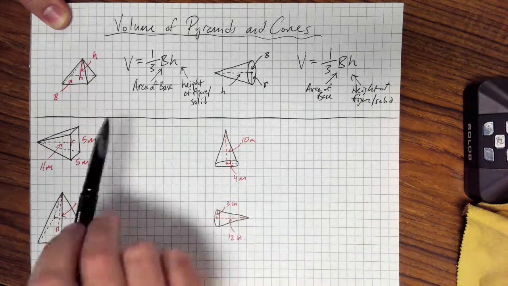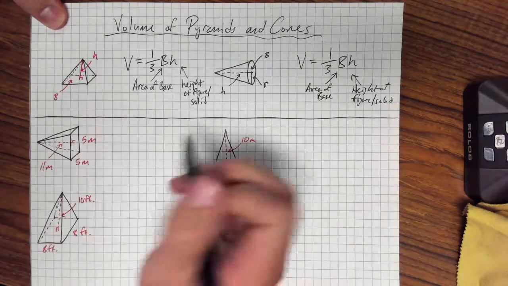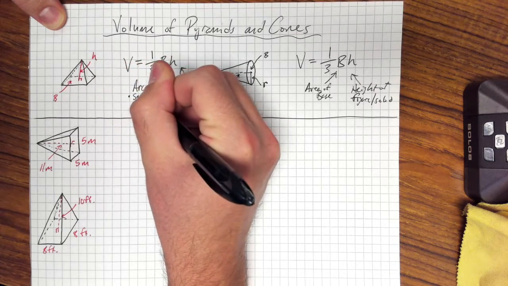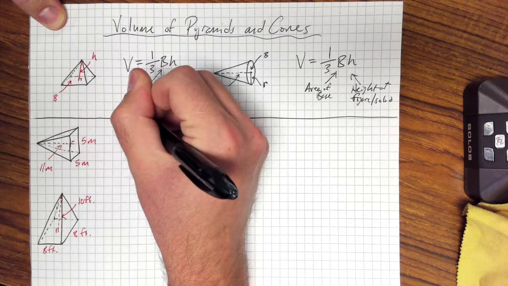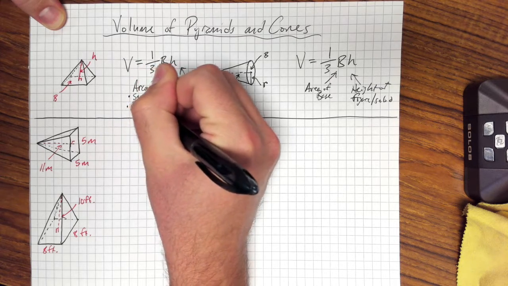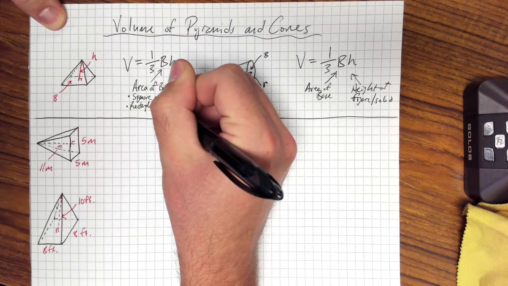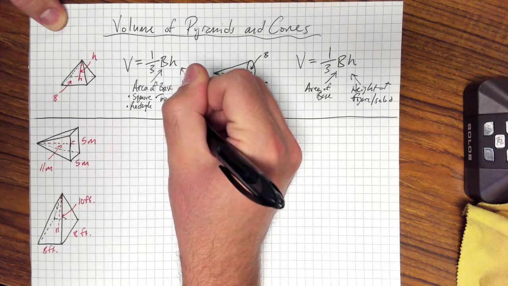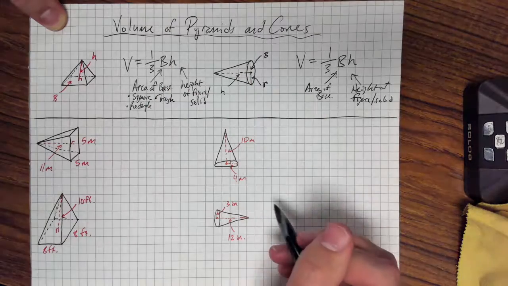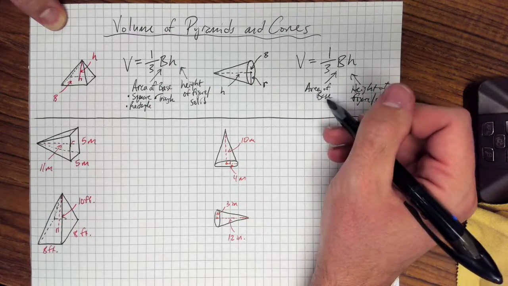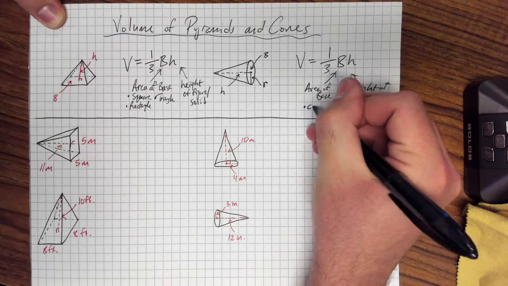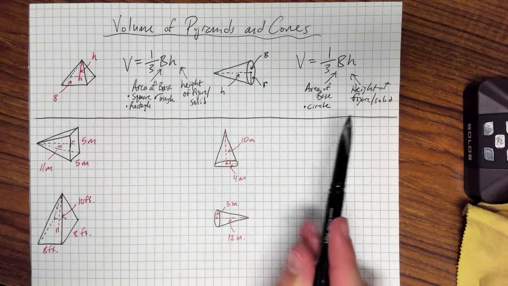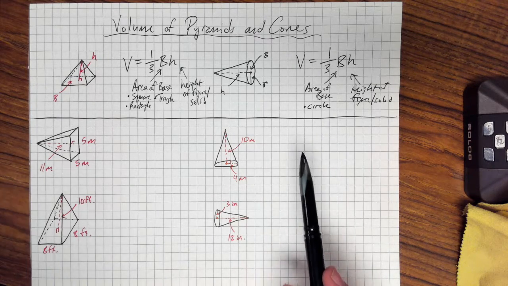Now, when I say, show me you know the difference, the base of a pyramid will again be a square, it could be a rectangle, it could be a triangle. Okay? For cones, the area of the base is actually going to be a circle all the time. So, show me all of this information when you write out your formulas on the test.